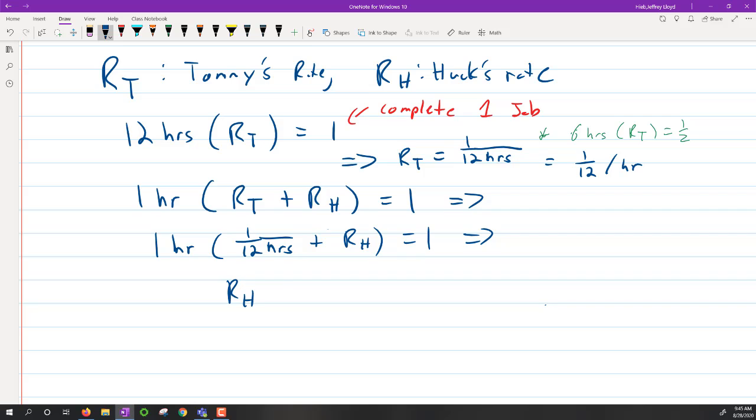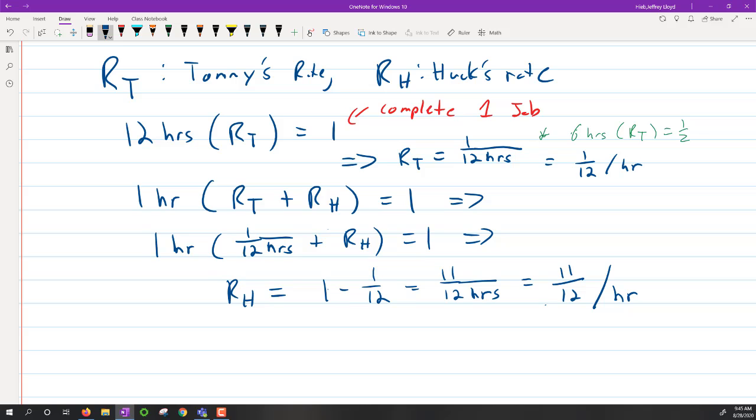So R sub h is equal to what? The 1 hour run through everything is not interesting. But when you do, it's going to be 1 minus 1/12, which is 11/12. So in 12 hours, he could complete 11 of the jobs. And the better way to think about that is 11/12 of the job per hour.